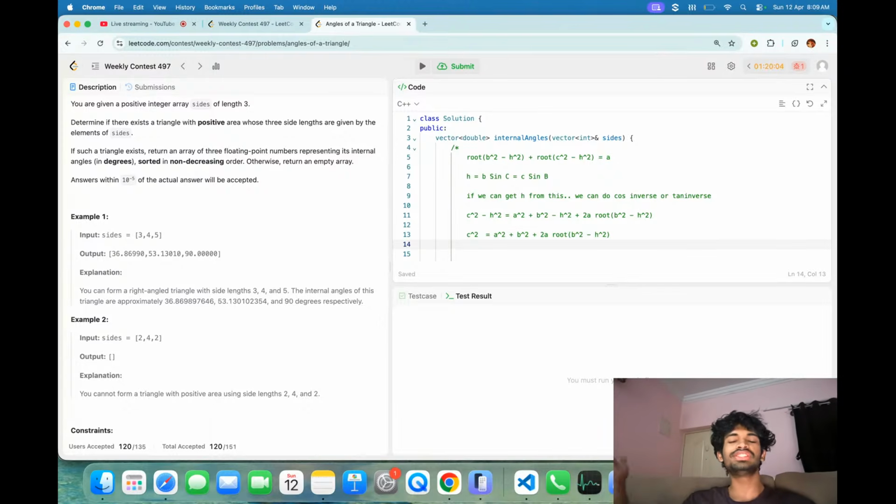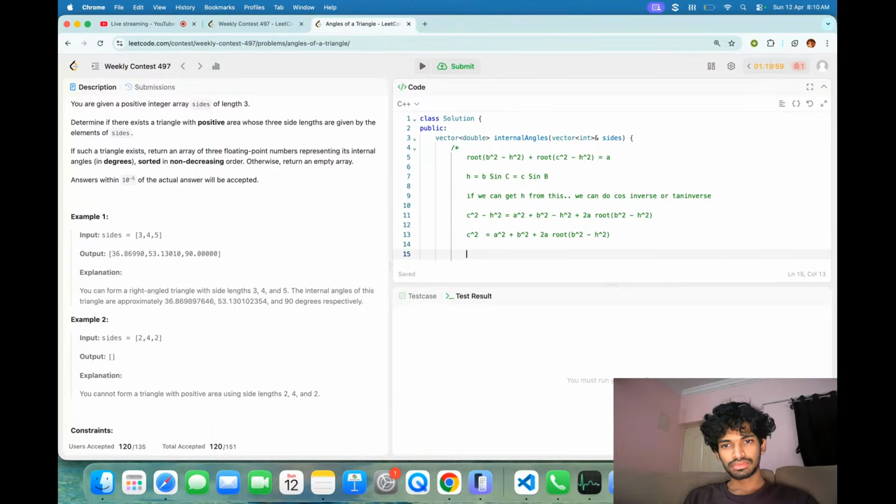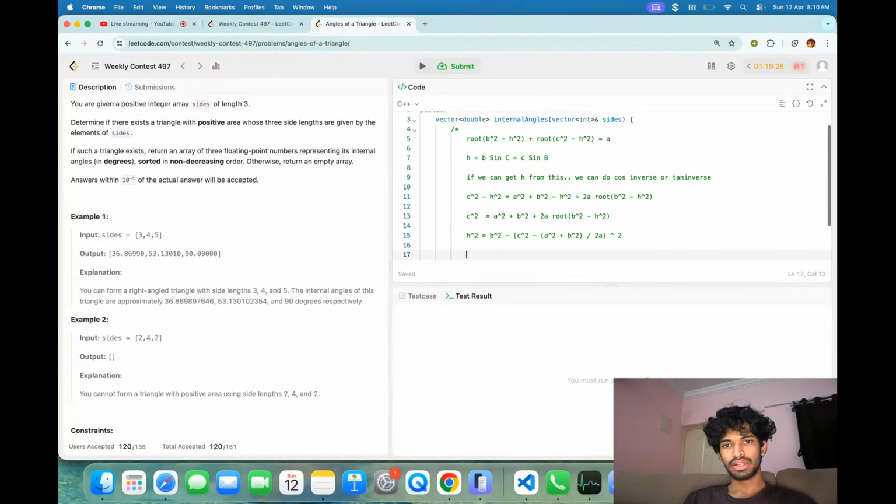See, how am I able to prove? I have studied this during JEE, I guess. c square minus of a square plus b square by 2a whole square. h square equals b square minus, right?